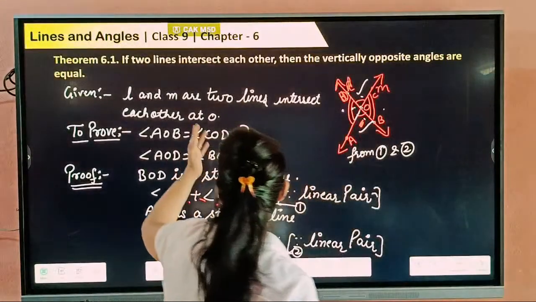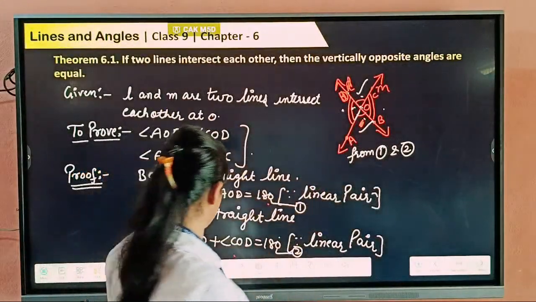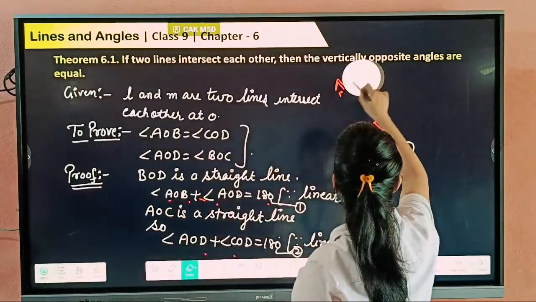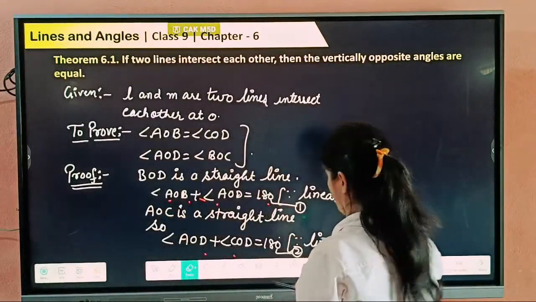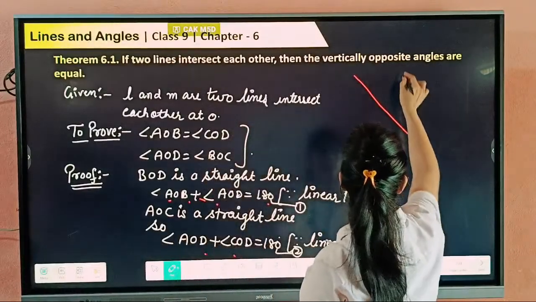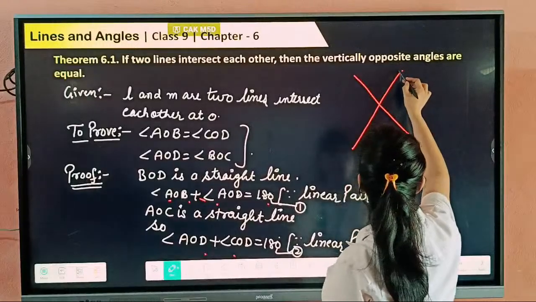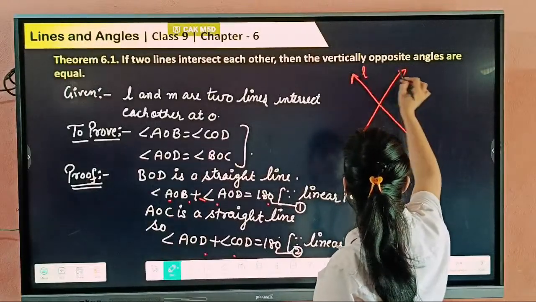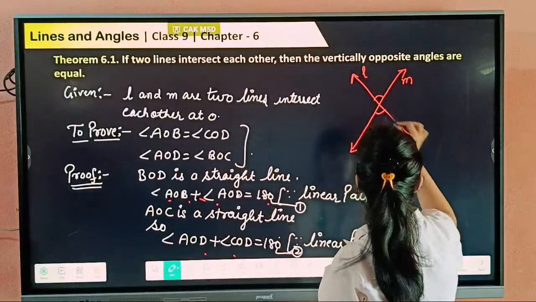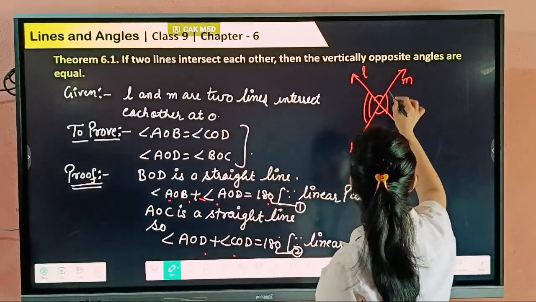Again, I am telling, if two lines intersect each other at one point, suppose one line is L, other line is M, then their vertically opposite angles are equal, right?